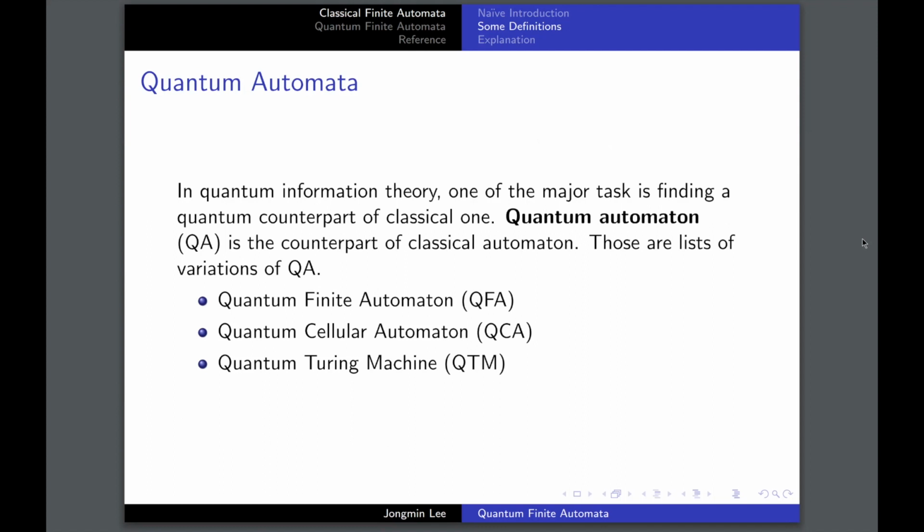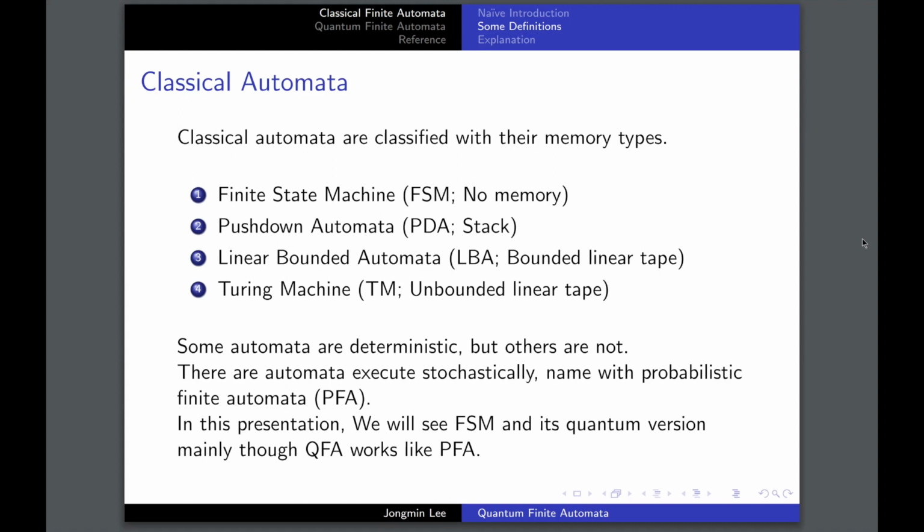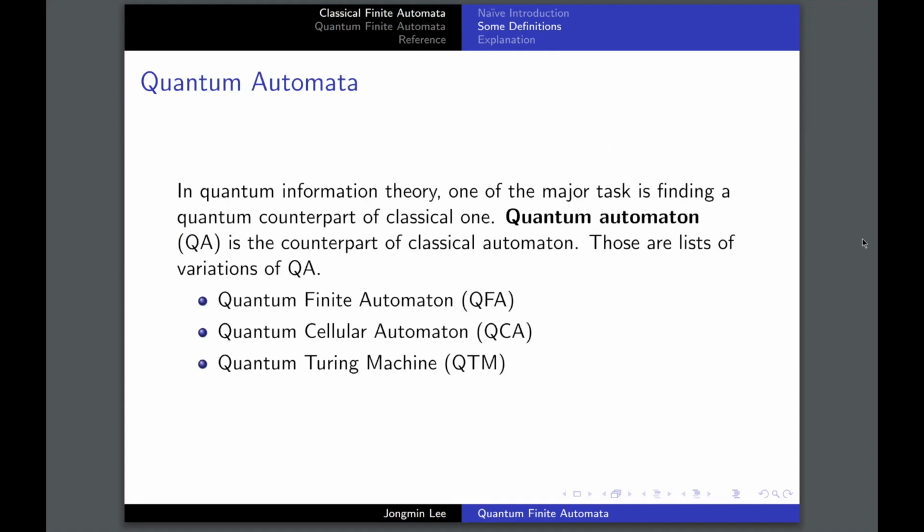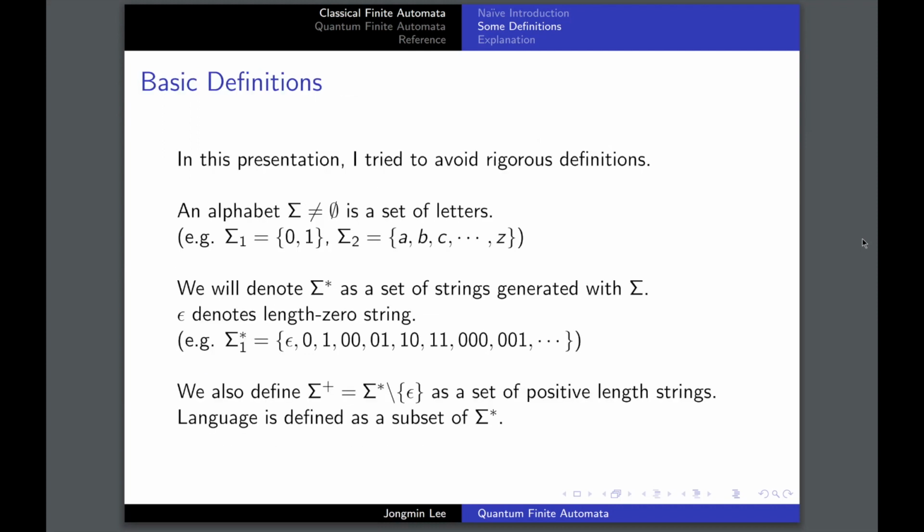Quantum finite automaton corresponds to the finite state machine, and quantum cellular automaton is a special case of quantum Turing machine. So we will only look at the QFA.